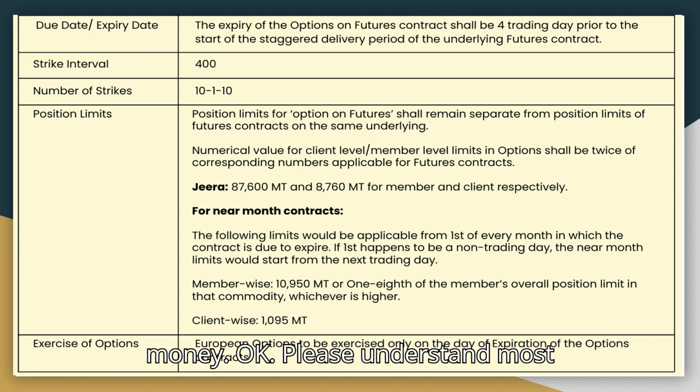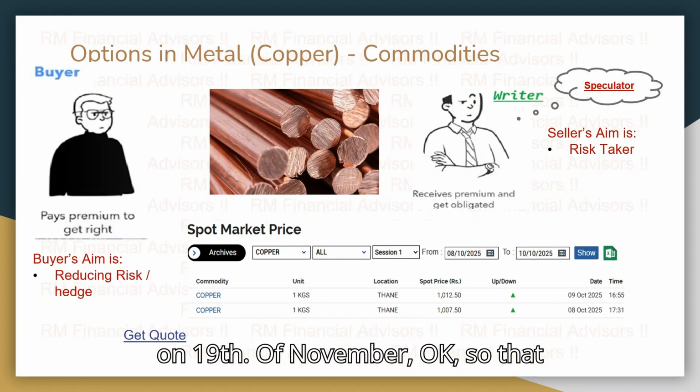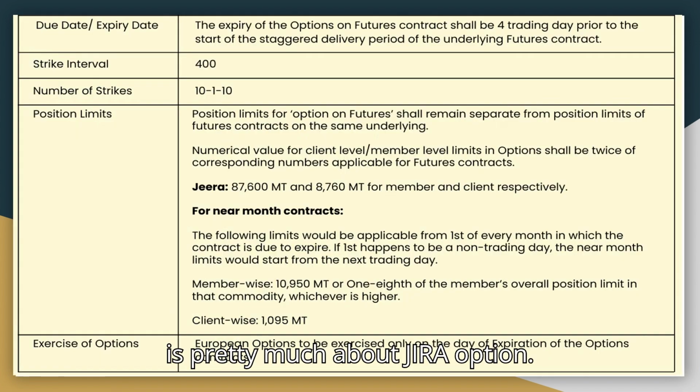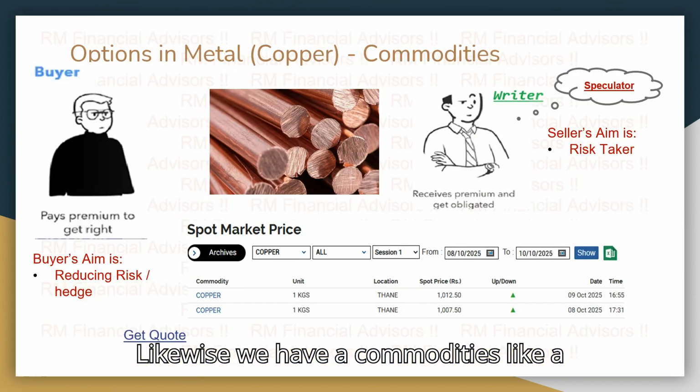Please understand, most of the options in India are European options, to be exercised only on the day of expiration of the option contract. As you have seen on the website, it was 19 November, so this option can be exercised only on the expiry date, that is on 19th of November. So that is pretty much about the jeera option.